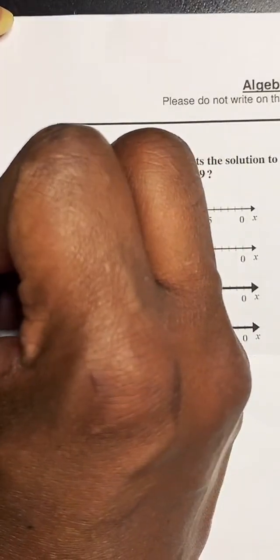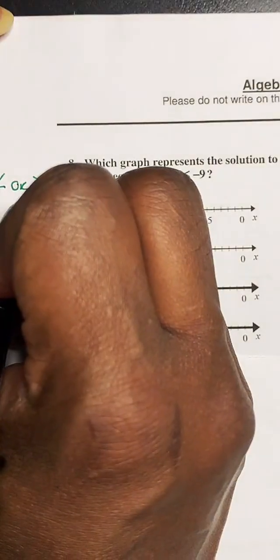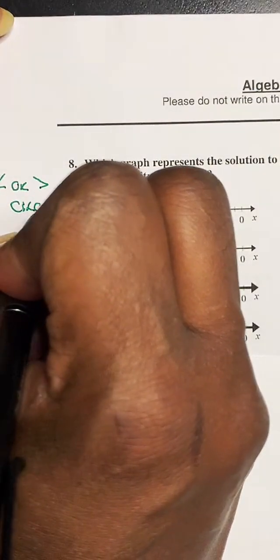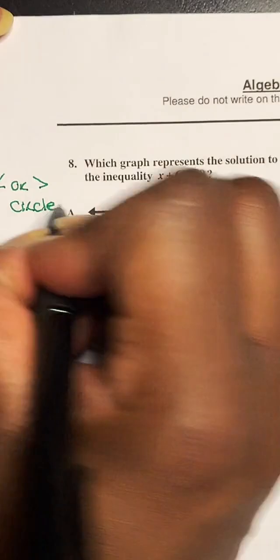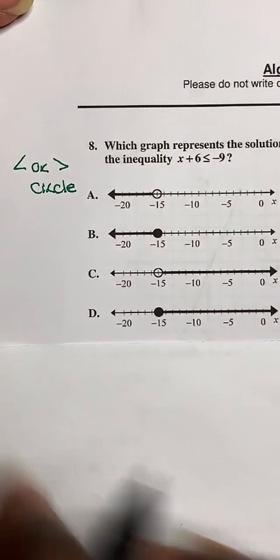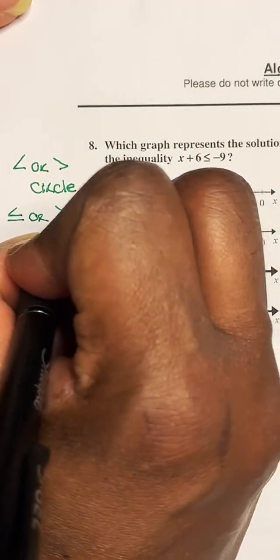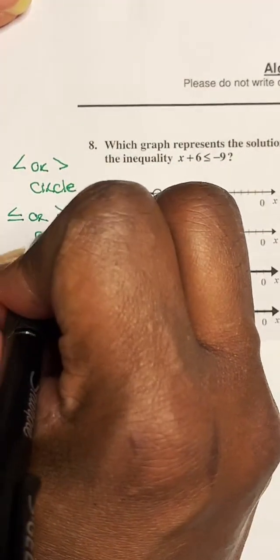When you have less than or even greater than, it's going to be an open circle. I love when they say open dot, I'm like, isn't that a circle? So it's going to be open. If it's less than or equal to, or greater than or equal to, it will be a closed circle or a dot.